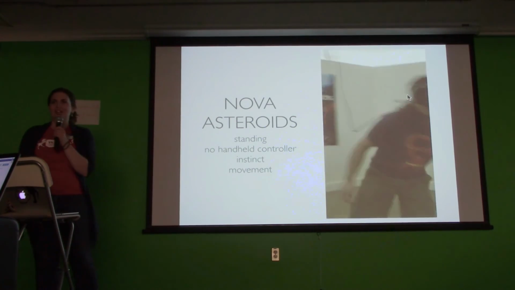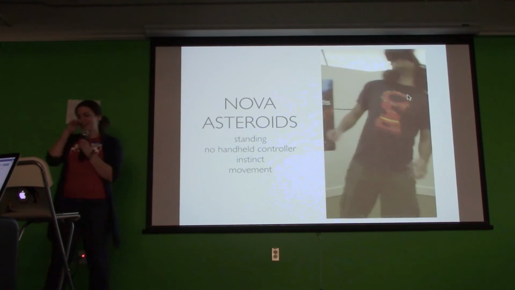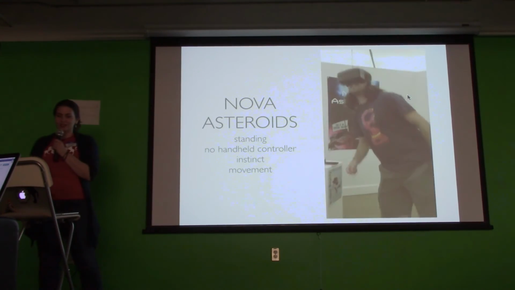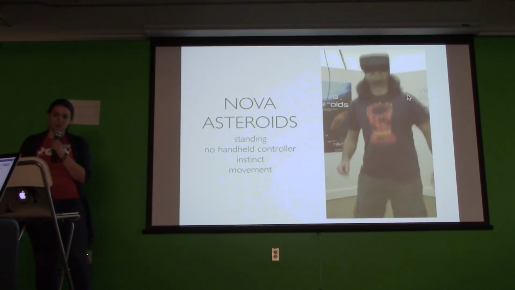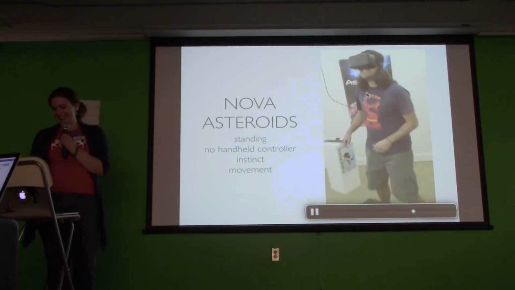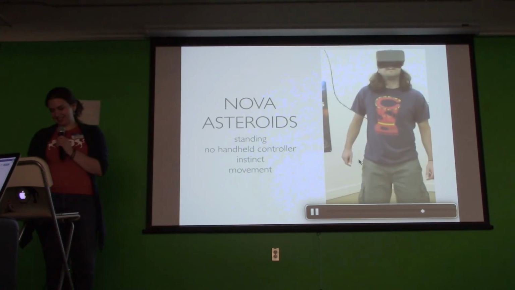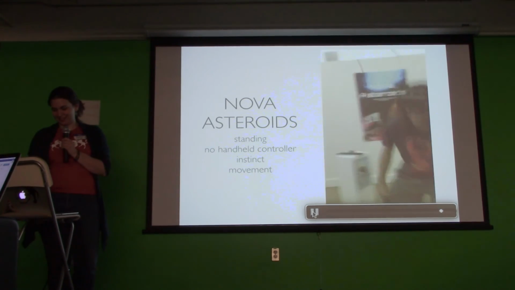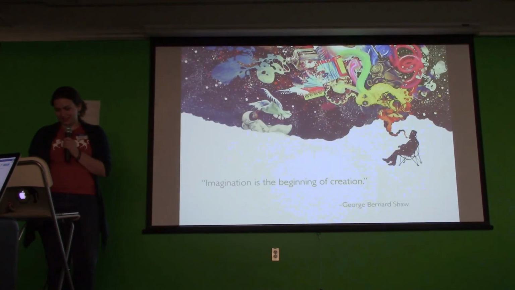So you also end up looking kind of goofy too, which is great. The best part of VR. So you become the controller in this case. Anyway, so that was a lot of fun.